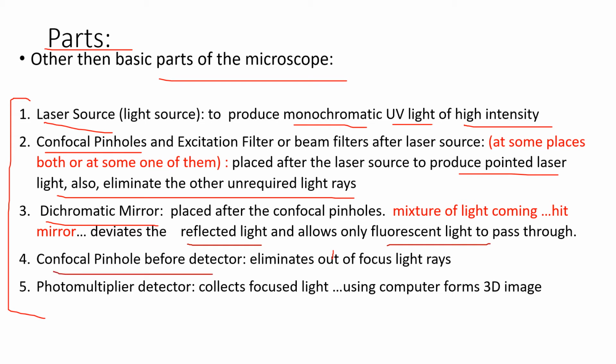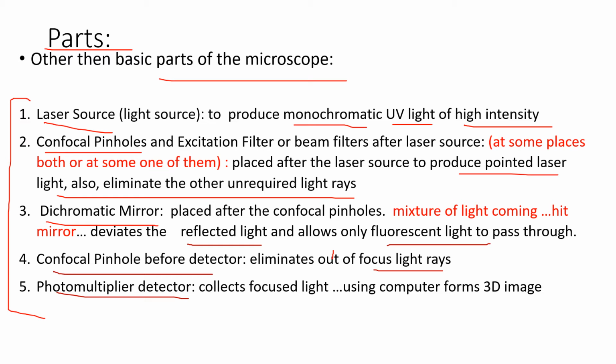There's another confocal pinhole before the detector that helps us to eliminate out of focus light rays. These are fluorescent light rays, and those fluorescent light rays that are coming out of the focal plane are getting eliminated.